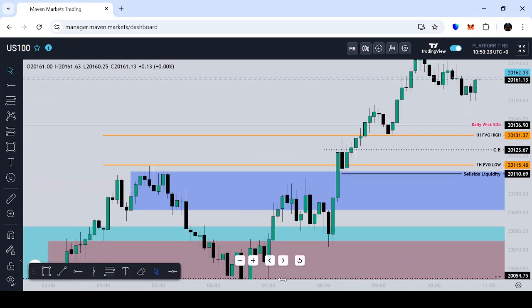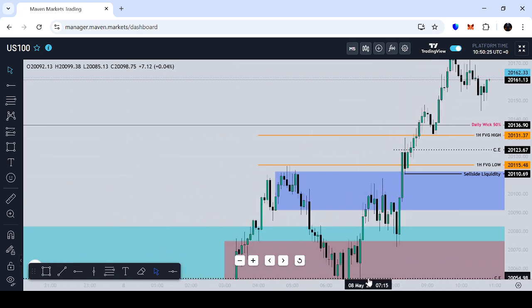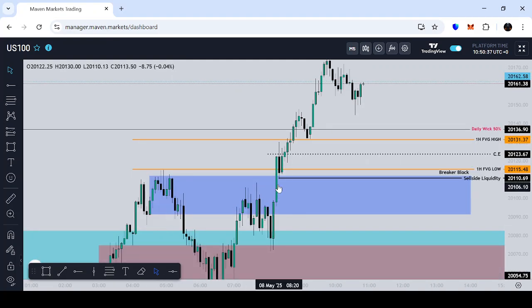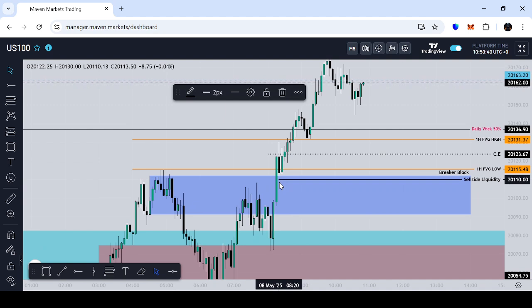Today is still Thursday. You see that in 5 minutes you have a consolidation there, a consolidation before you break above. You see a fair value gap there too after a break of structure.